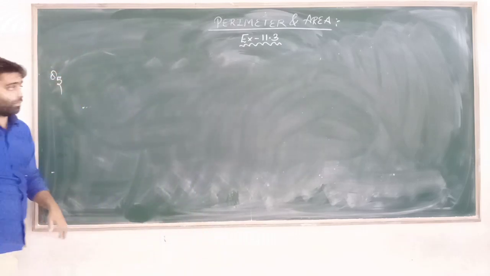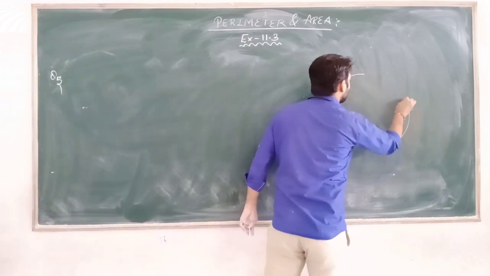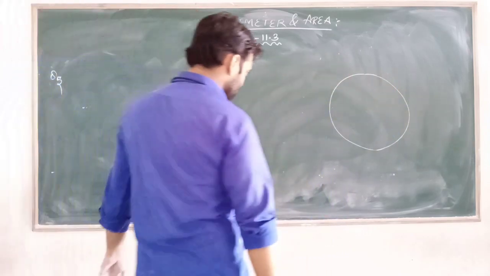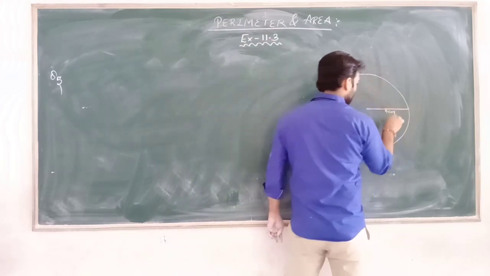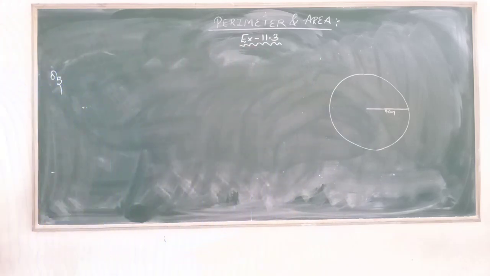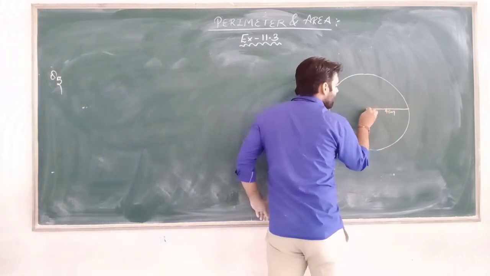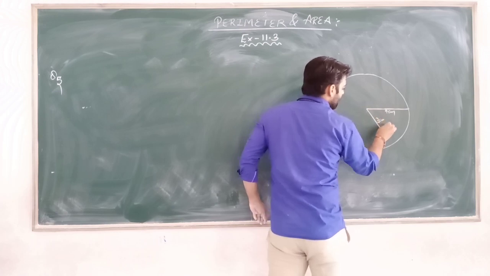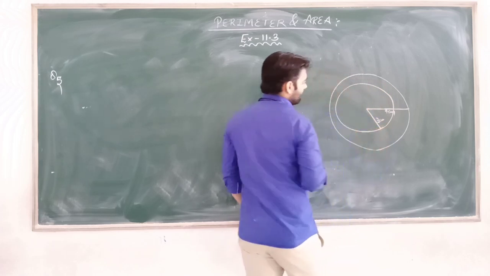We are discussing question number 5. A circle with radius 4 centimeter has been given. From this circle, a circle of 3 centimeter radius, this type of radius, has been removed.